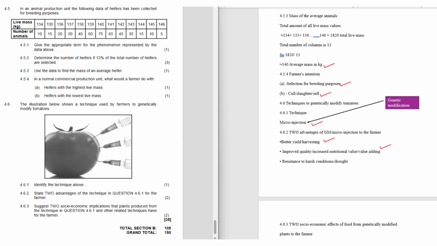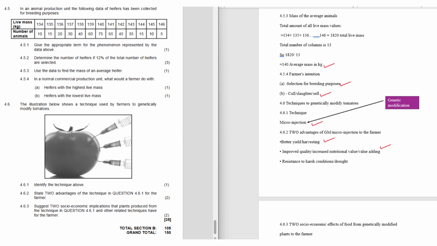You can see there's this tomato, and this is the gene, and it is transferred into the nucleus of this tomato fruit. 4.6.1: Identify the technique. What is this technique? This technique is microinjection.